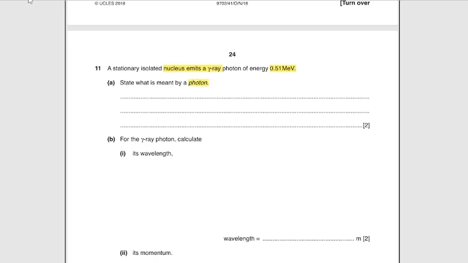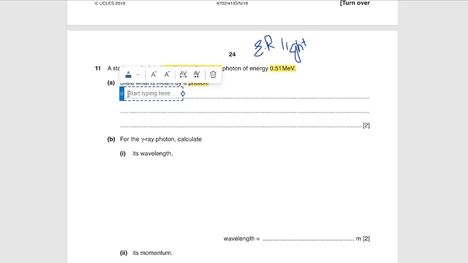If I were to describe a photon in simple terms, whenever you have electromagnetic radiation or light, the smallest particle of these things is a photon. So if I were to write it in an answer, I would say it is the quantum of energy.